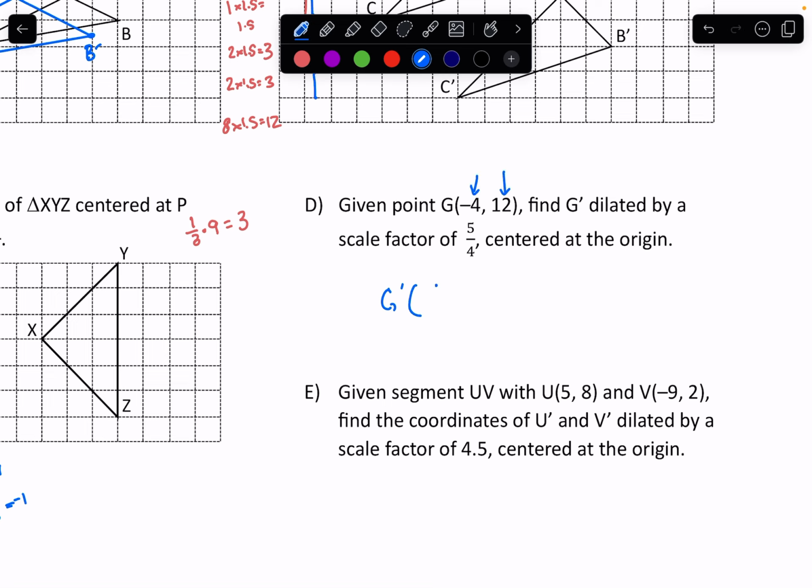So 5/4 times negative, that was supposed to be a 4. What happened to my 4? 5/4 times -4 is -5. 5/4 times 12 is going to be 15, I believe. So the point G prime is at -5, 15 if I dilate by a factor of 5/4.